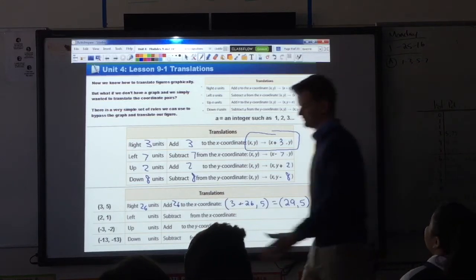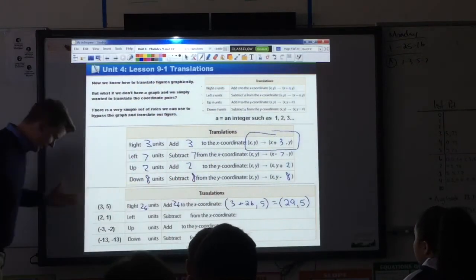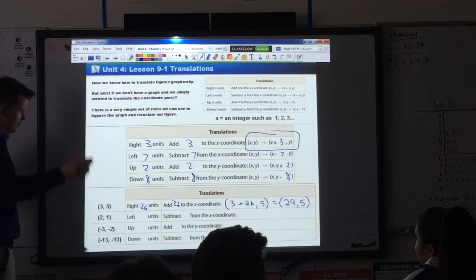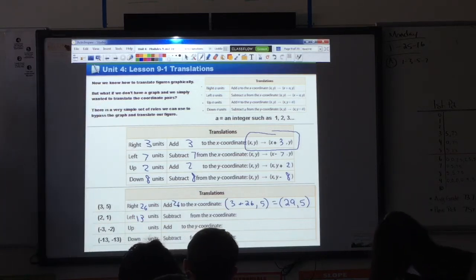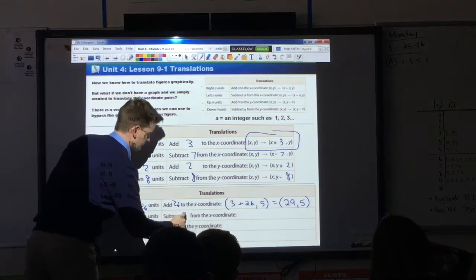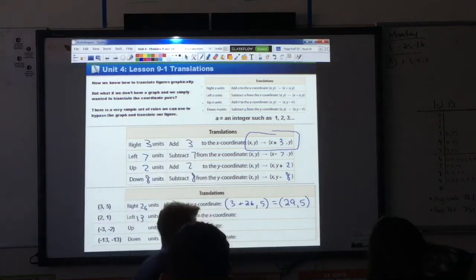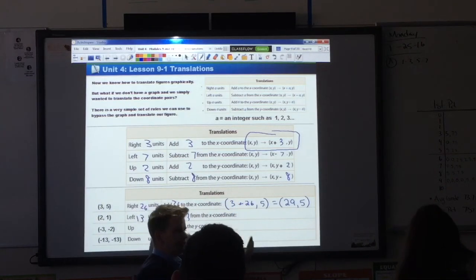Matthew, we want to move left 13 units. So when I move left 13 units, what am I doing to the x coordinate? You're subtracting 13 from the x coordinate. So you tell me, using this as a guide, what would that look like?